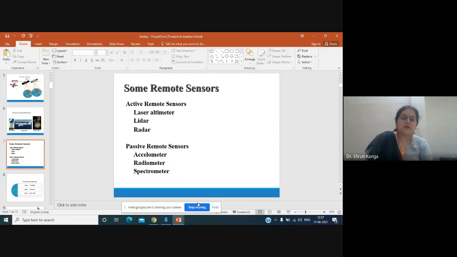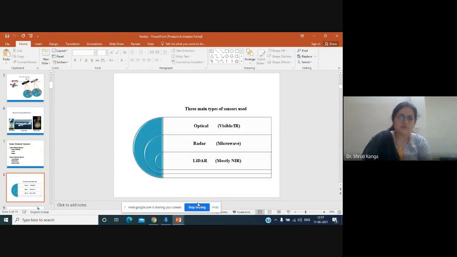So there are some active sensors which produce these data sets, and there are some passive remote sensors. Passive ones are radiometer, spectrometer, etc.